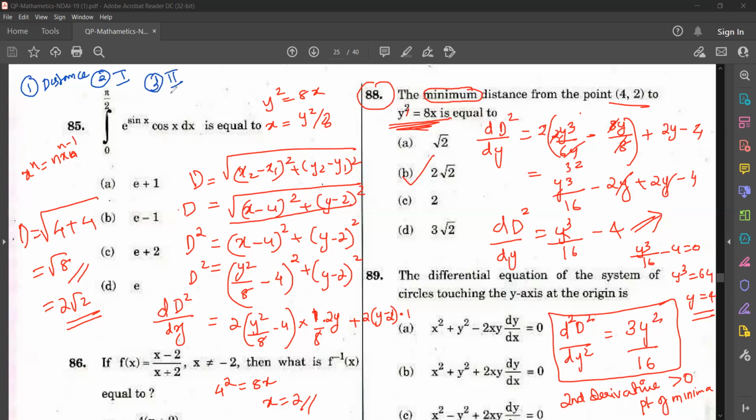To check whether I will get a point of minimum. If the second derivative is greater than 0, I have a point of minimum. Now I equated the first derivative to 0. Then I found the values of x and y. Then I found the minimum distance by putting them in the original equation. Understood? So here the answer is 2 root 2.